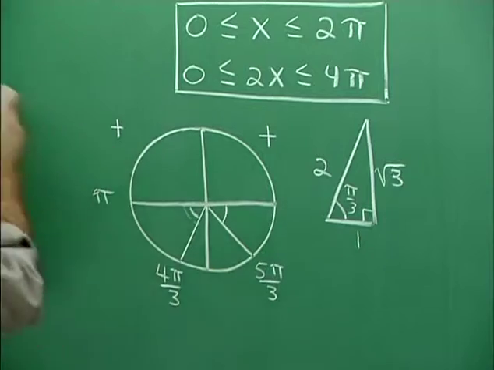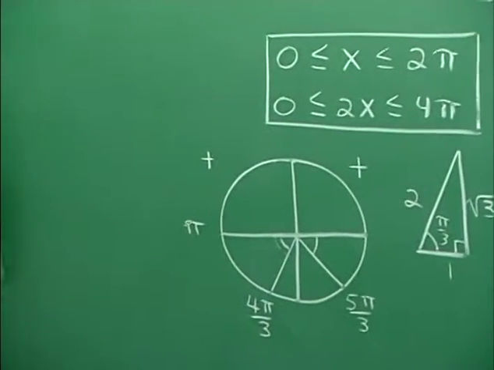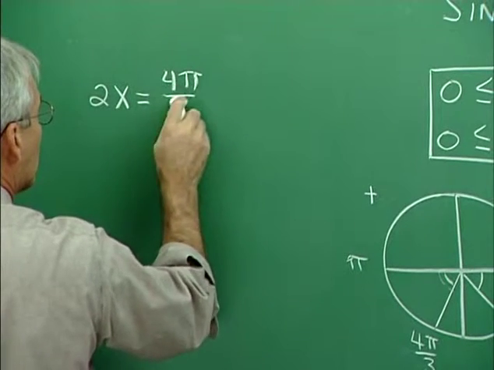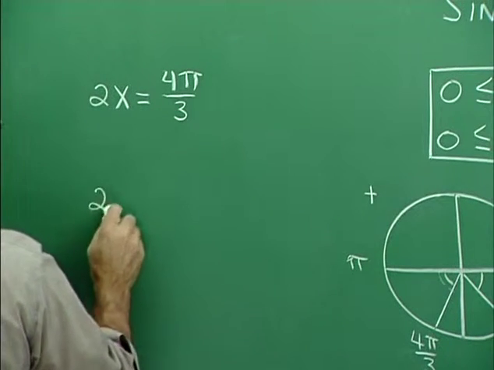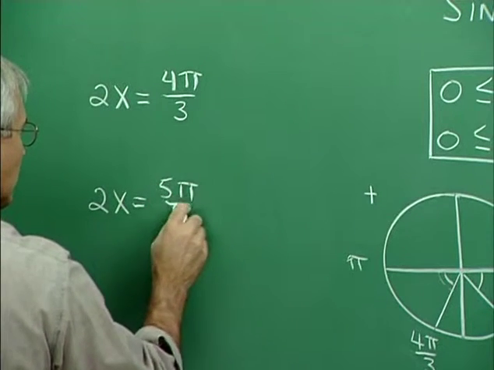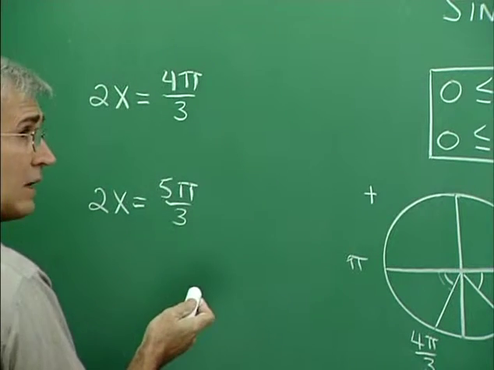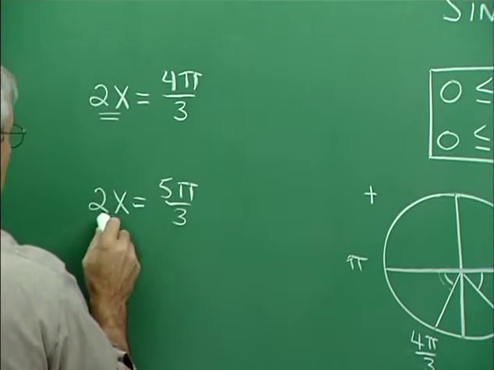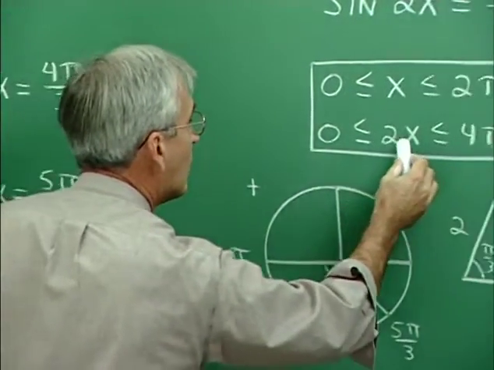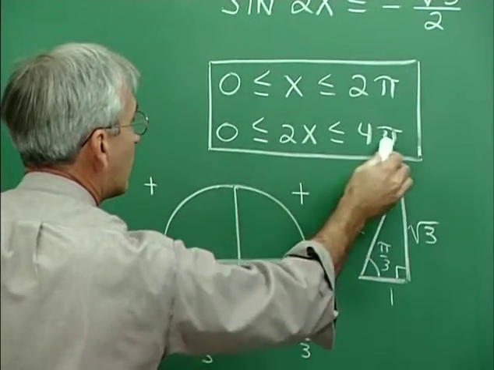So it means then that 2x is equal to 4 pi over 3, and 2x is equal to 5 pi over 3. But wait a second. 2x has a domain going from 0 to 4 pi.